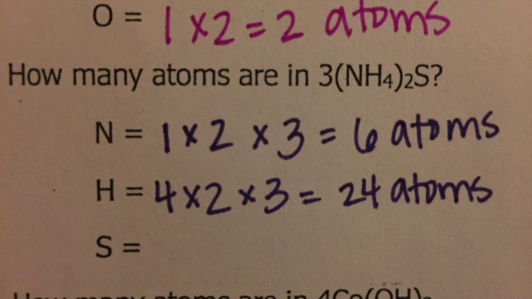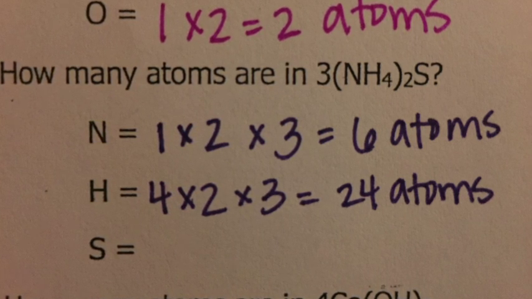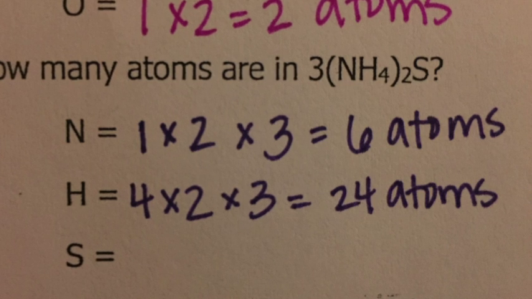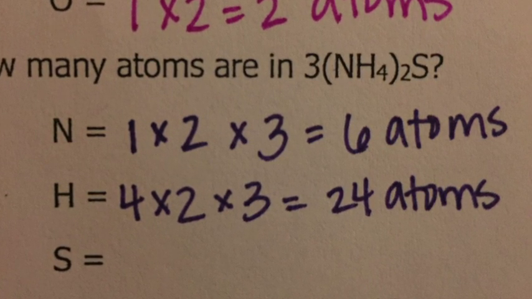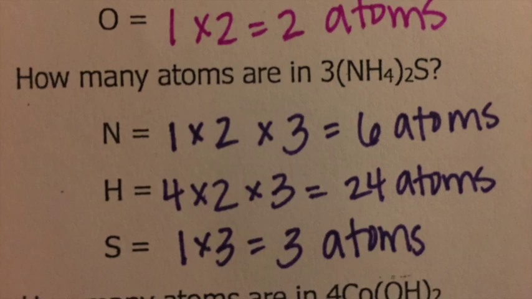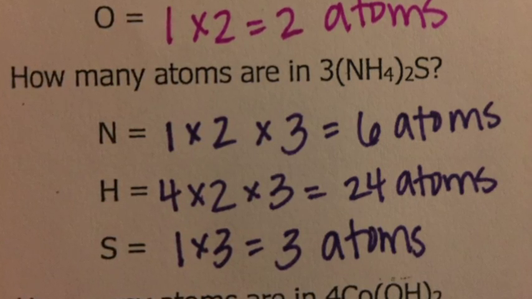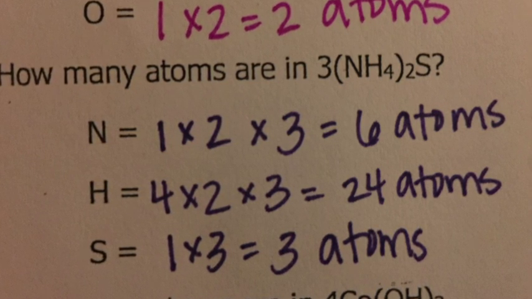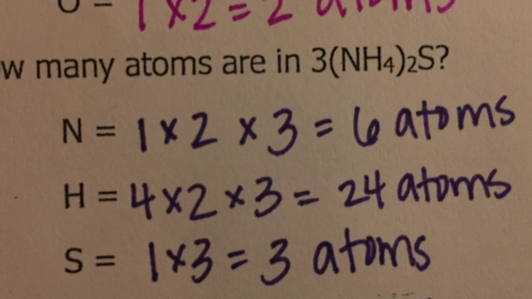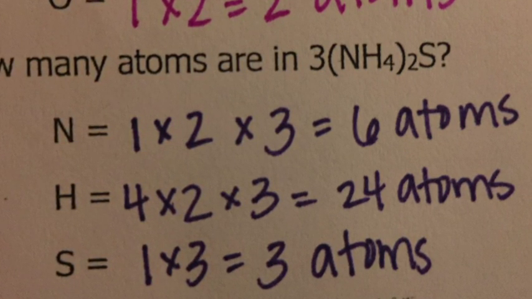For hydrogen, we have our subscript of 4, our 2 for inside of our parentheses, and our coefficient of 3. So 4 times 2 is 8, times 3 is 24 hydrogen atoms. And last, our sulfur does not have a subscript, does not have a parentheses, but it does have that 3 coefficient. So we will have 3 atoms of sulfur.